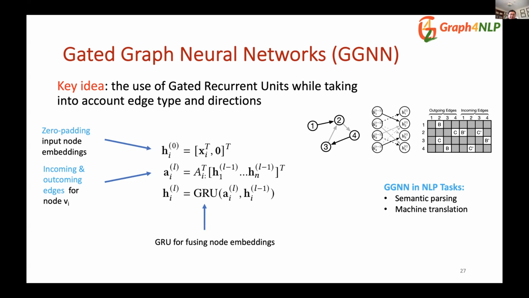At the same time, they form this augmented matrix to do the computation. And finally, they use a GRU unit instead of a simple MLP to fuse the previous node embedding and also the message. So this is actually the first modern paper for graph neural nets.